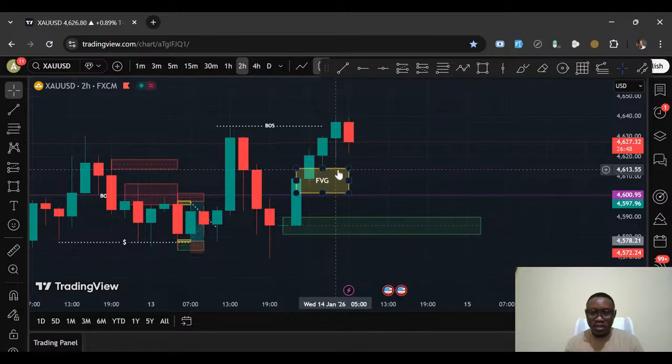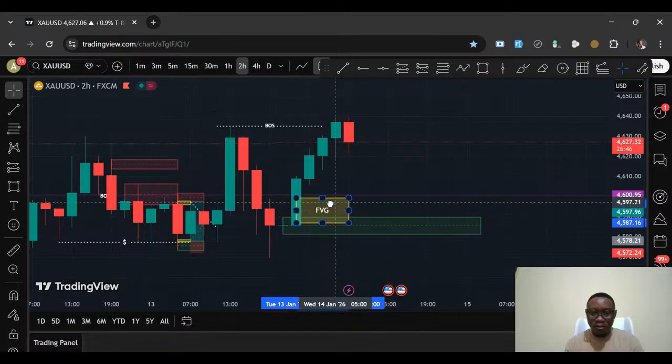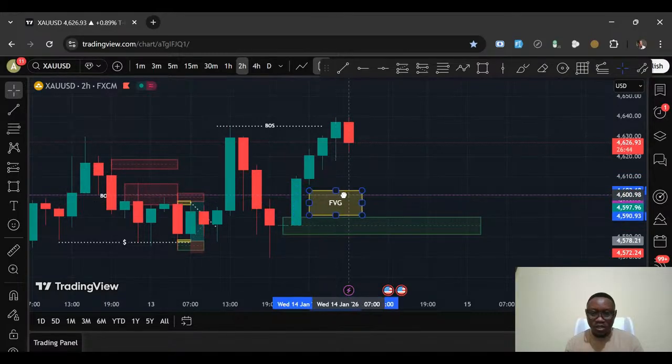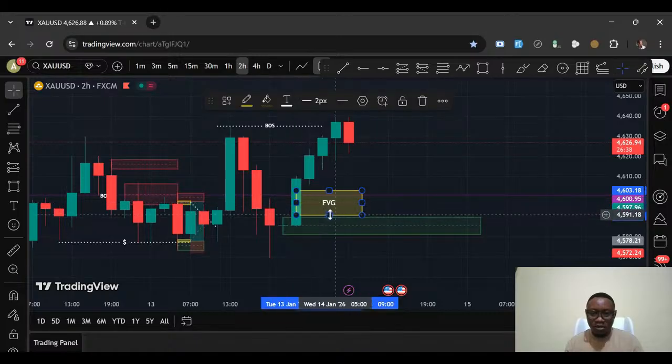And here is my fair value gap. This is my fair value gap.